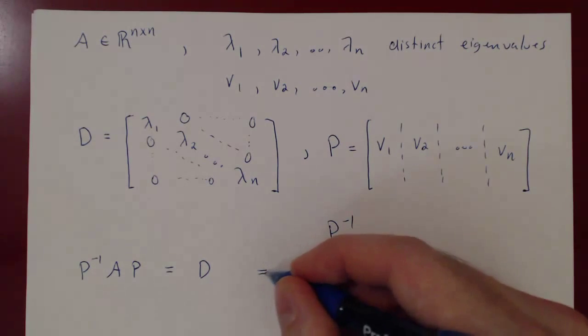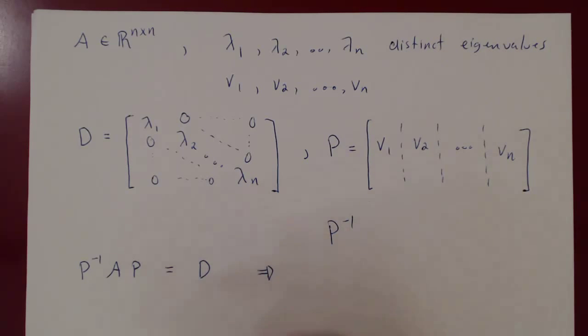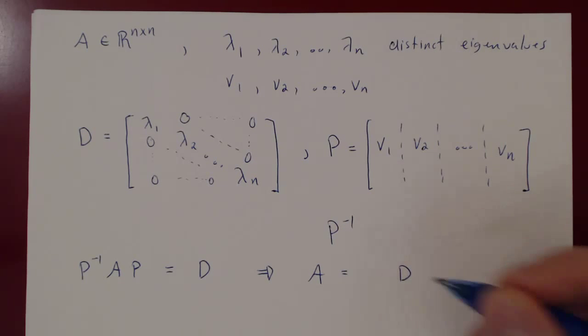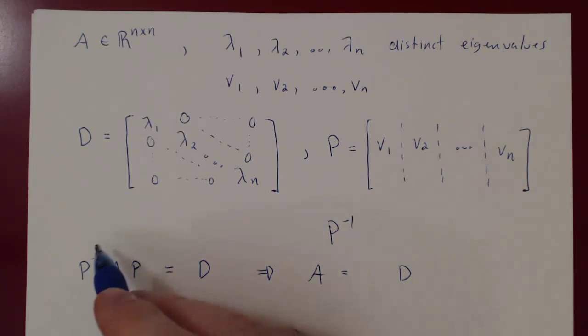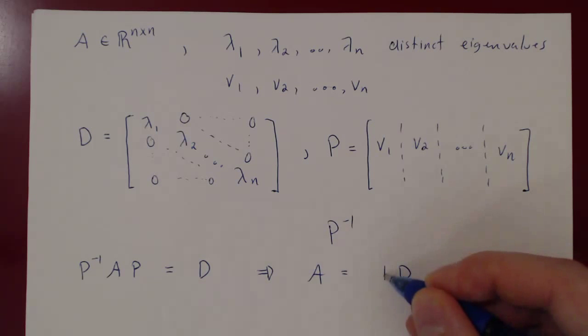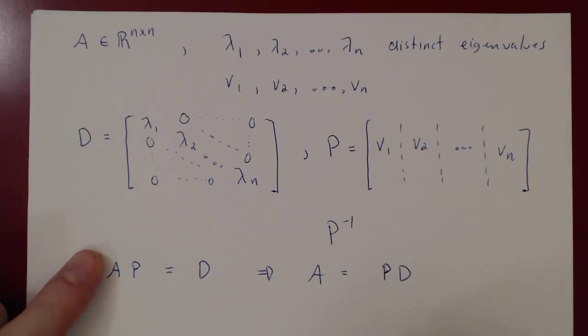Therefore, if you isolate for A, multiply by P on the left to cancel P inverse, so you'll have PD on the left. So then this will be gone. To cancel P on the right, multiply by P inverse from the right.